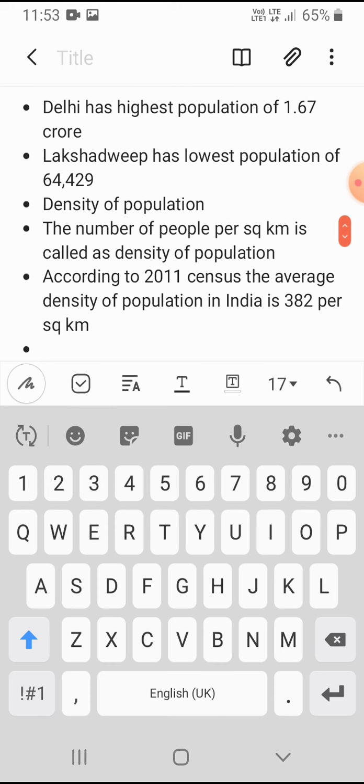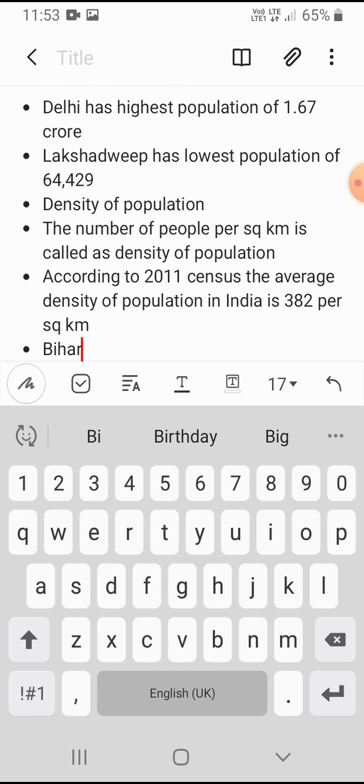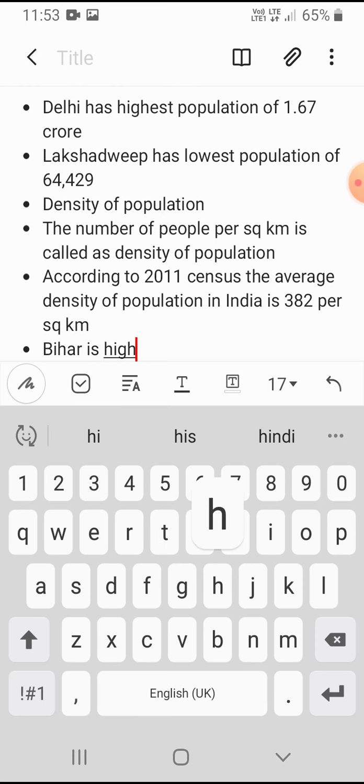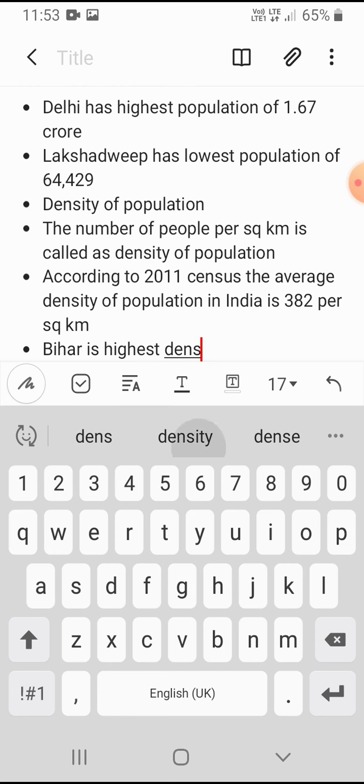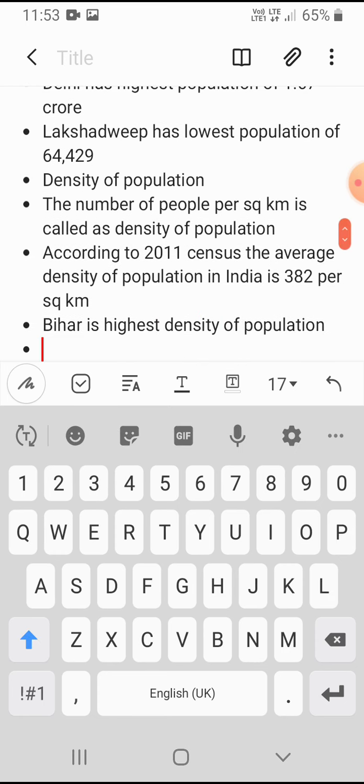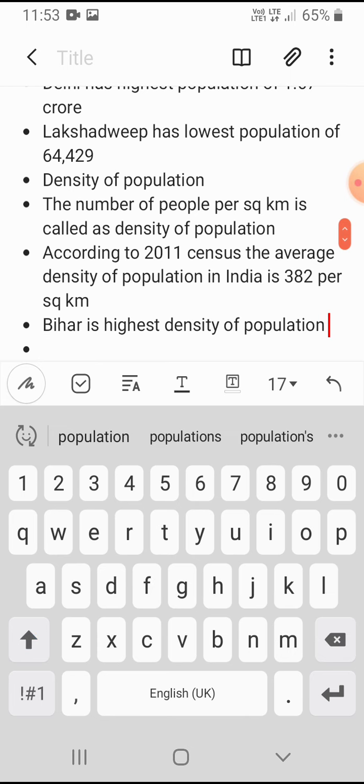Among the states, Bihar has the highest density of population, 1102 persons, so 1102 people per square kilometer.